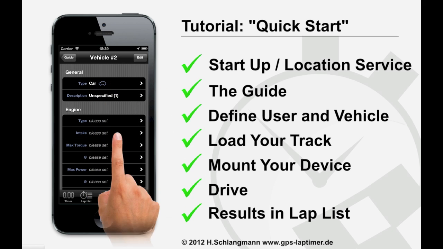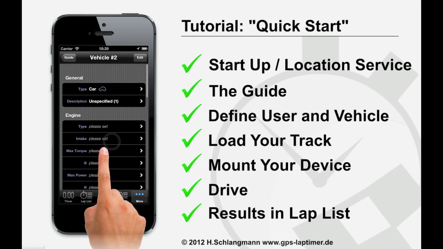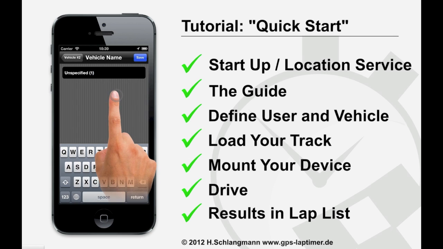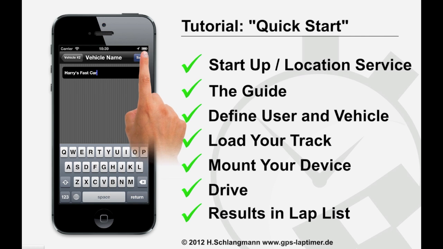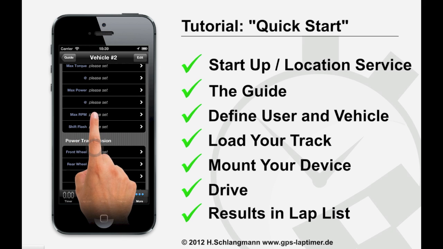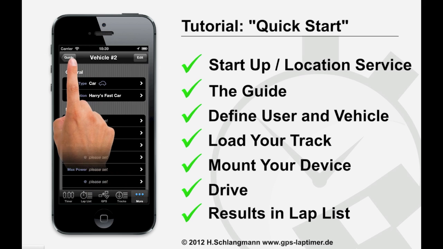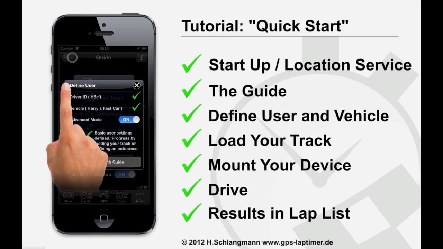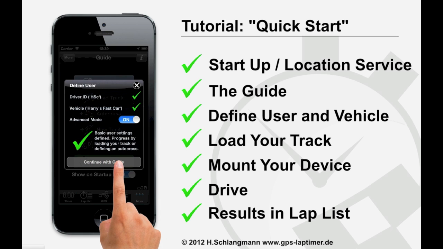You see there you get an empty template, and we give it a name, like for example Harry's fast car, and save it again. That's enough for the moment. You have a lot more fields here to fill, but that's not needed in the beginning. Okay, so we are done, and we continue with the guide.